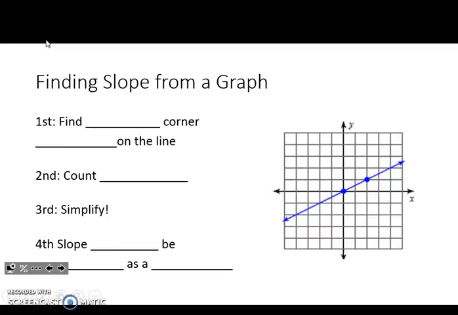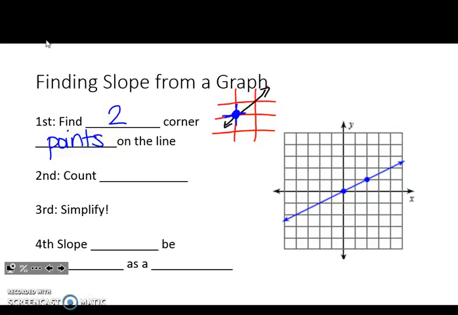Okay? The first thing that you need to do is you need to find two corner points on the line. What I mean by a corner point is if this is my graph, okay, and this is my graphed line, it is where two lines, this line and this line, cross with my graphed line.